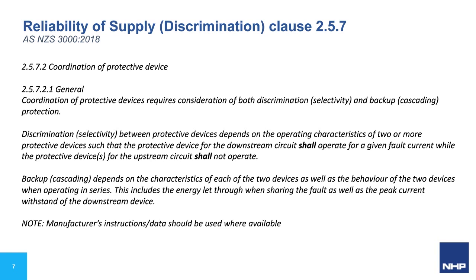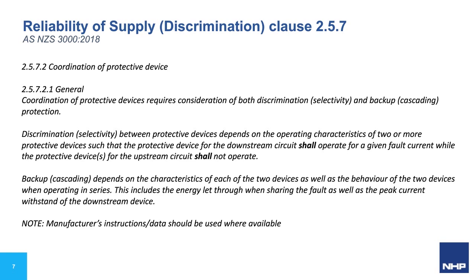It states the rule that where two or more devices are in a series arrangement with a load or circuit, then in the event of a fault, the downstream device shall operate for a given fault, while protection devices upstream shall not operate. This is understood to be true up to a nominated level from the standard or by an agreement with the end user.